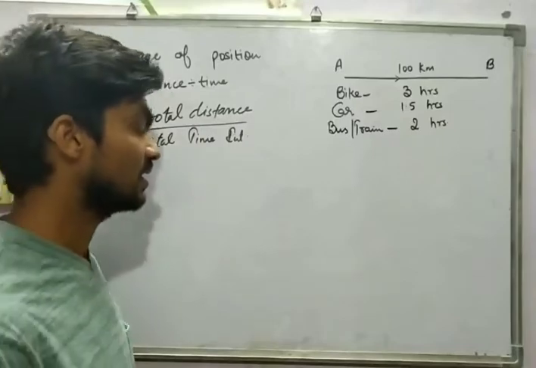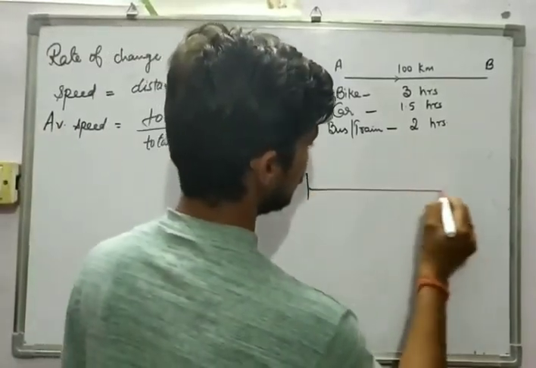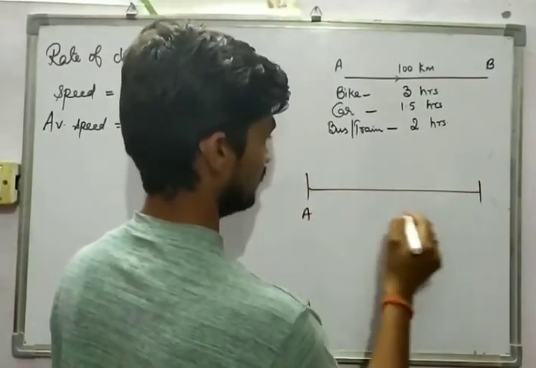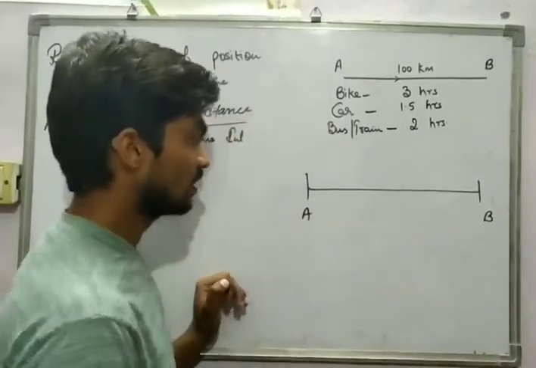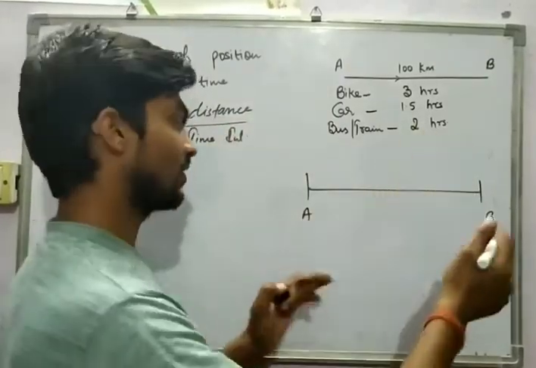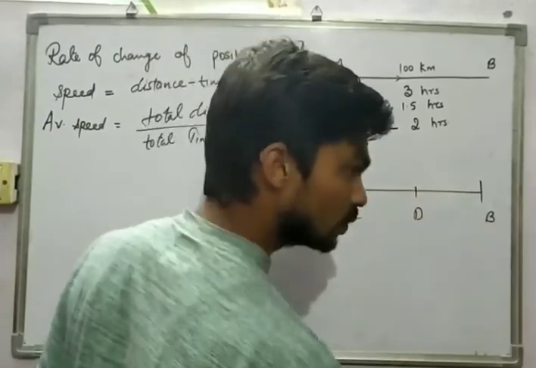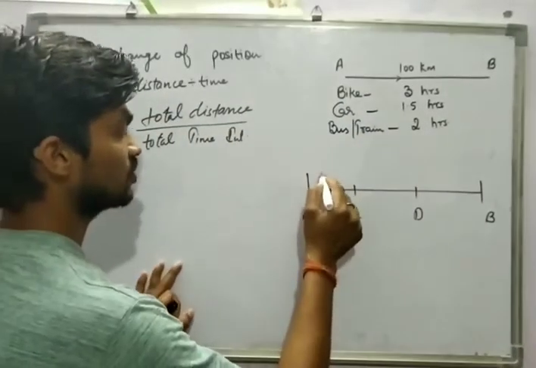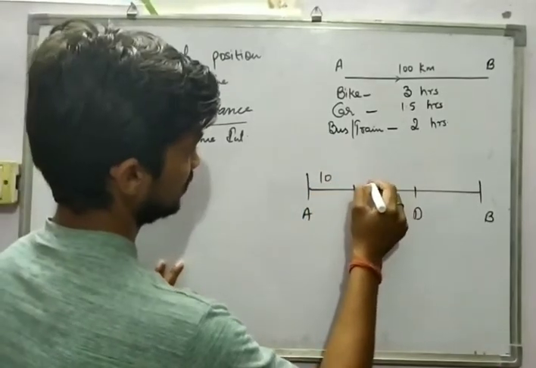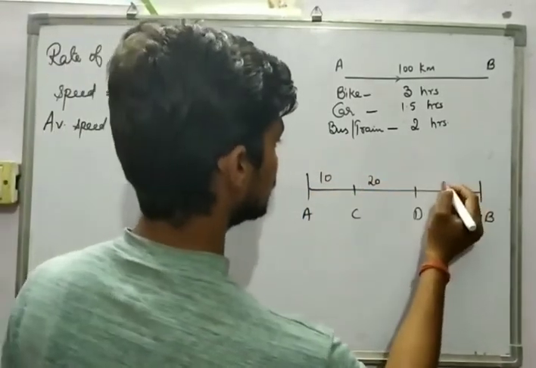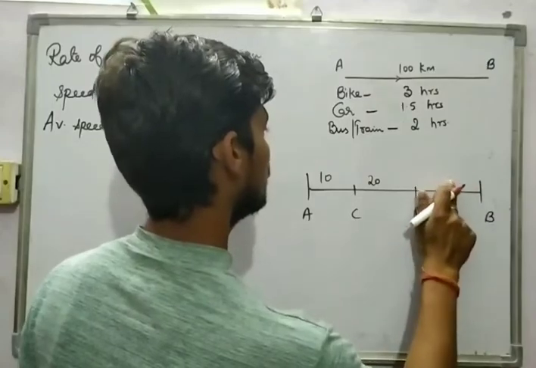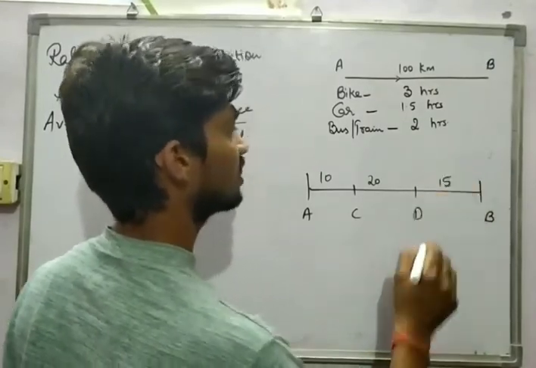Some example I take. Suppose you are going from a city A to B. So you cover the distances in certain fragments. Suppose you go from A to C, C to D, and then D to B. Here you take suppose 10 minutes, here you take 20 minutes, and here you take suppose 15 minutes.